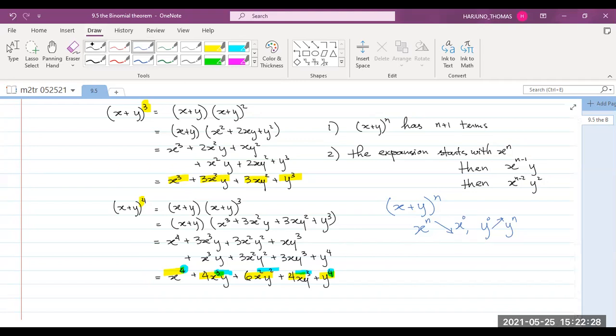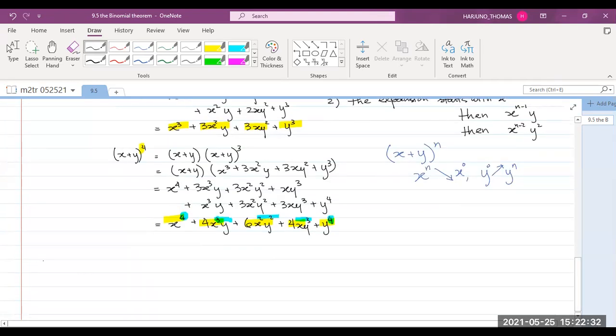So we can say it this way. If I go to another example here, let's say I have (x plus y) to the 6, then I know for sure that will be x to the 6 plus something x to the 5th y. You see, the exponent for x reduced by 1, but the y now shows up, y to the 1, plus something x to the 4th y squared.